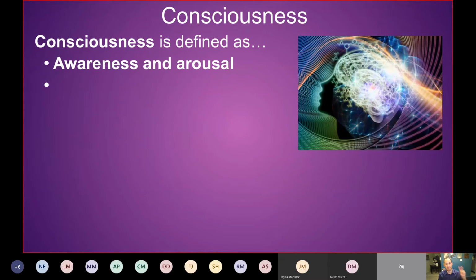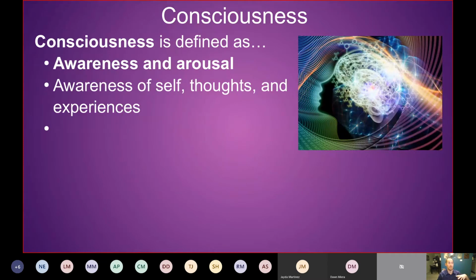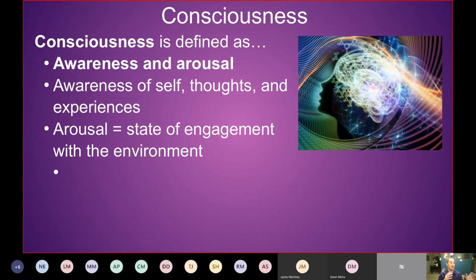So consciousness is two pieces, awareness and arousal. So awareness is that awareness of self, awareness of our thoughts, being aware that those exist, being aware of those experiences. And then arousal in this context means a state of engagement with the environment. So if you look at sleep, for example, you're not going to be in a very high arousal state when you're asleep because you're not that engaged with the environment.